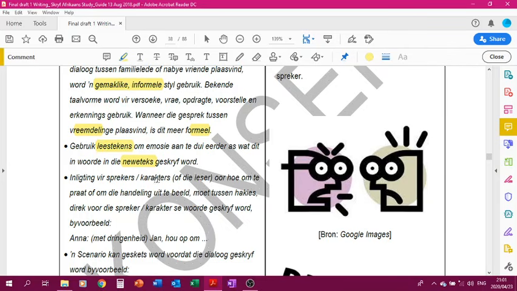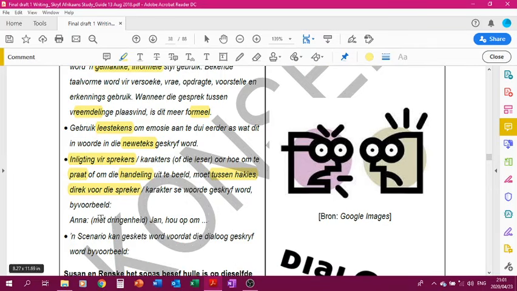Nou die inligting vir sprekers of karakters of die leser oor hoe om te praat of om die handeling uit te beeld moet tussen hakkies direk voor die spreker of karakter se woorde geskryf word. Byvoorbeeld. So, if you have additional information for the speaker or the characters or the reader, how they need to speak or their actions, handelinge, praat of handelinge, speaking or actions, then it has to be in between brackets and usually direct in front of the speaker's words.